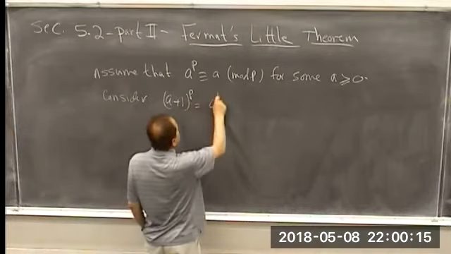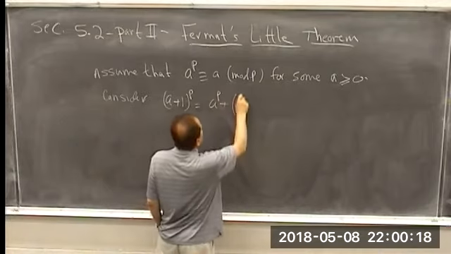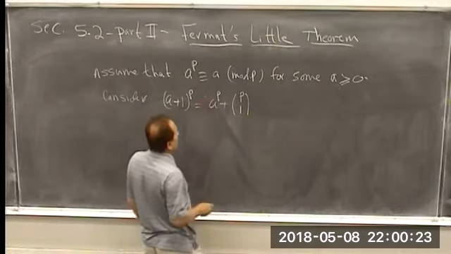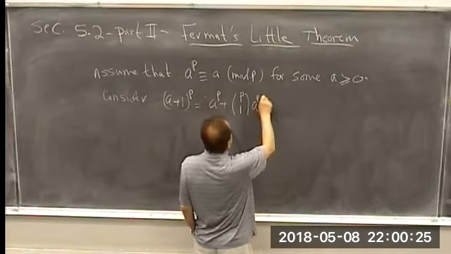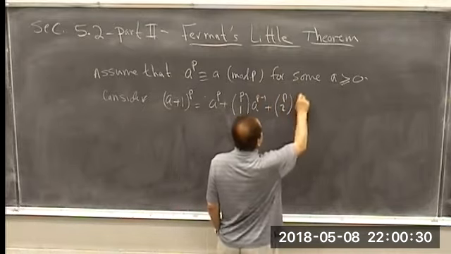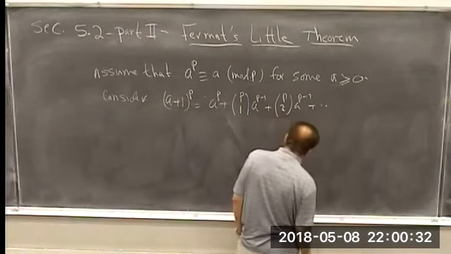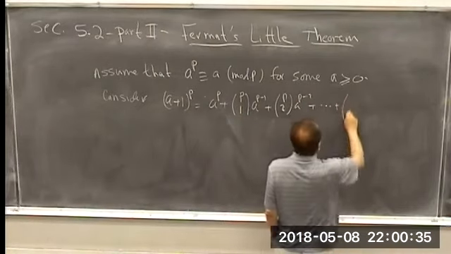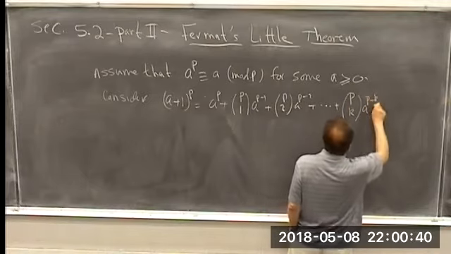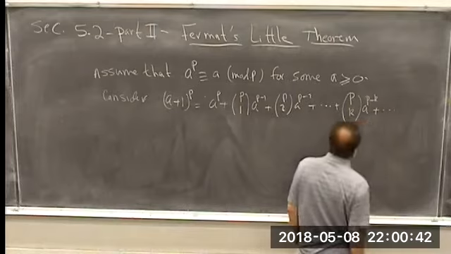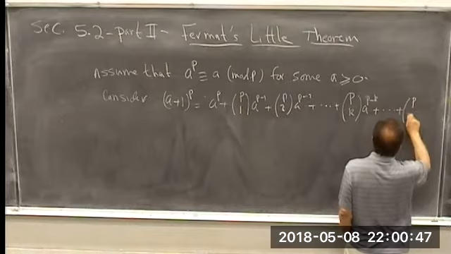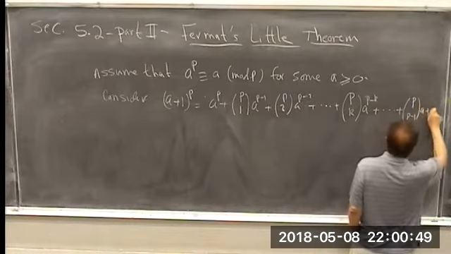And this is equal to a to the p plus, actually this is supposed to be p choose 0, which is equal to 1, times a to the p minus 1, then p choose 2 times a to the p minus 2, and so on. The general term in here is p choose k times a to the p minus k, and the term before last is p choose p minus 1 times a, plus 1.